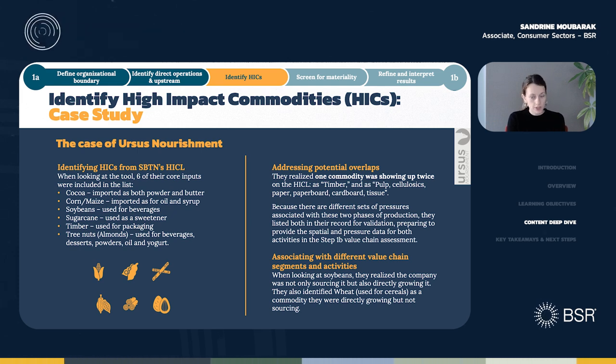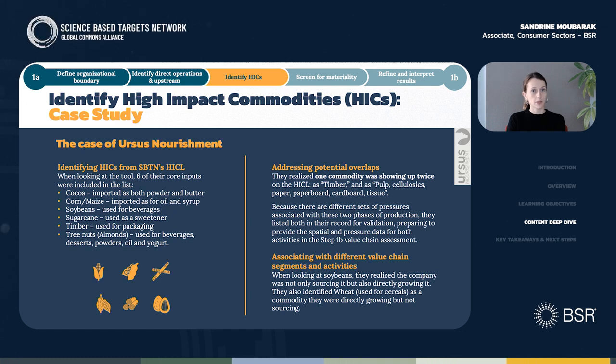In addition to these, they also have upstream and downstream activities dispersed around the globe. They purchase major commodities including almonds, soybean, timber in the form of paperboard, as well as other ingredients such as sugar from sugarcane and additives.